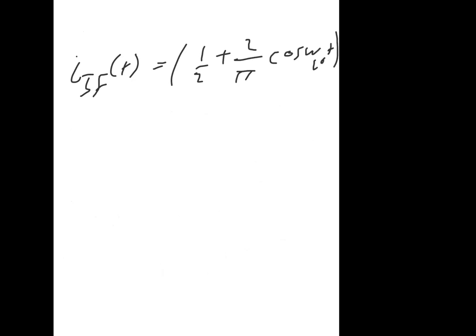This is giving us I intermediate frequency of T is equal half plus 2 over pi cosine W local oscillator of T, and this is plus etc. because we didn't need the higher harmonics, multiplied with IDC أو I bias plus IRF في cosine WRF of T.